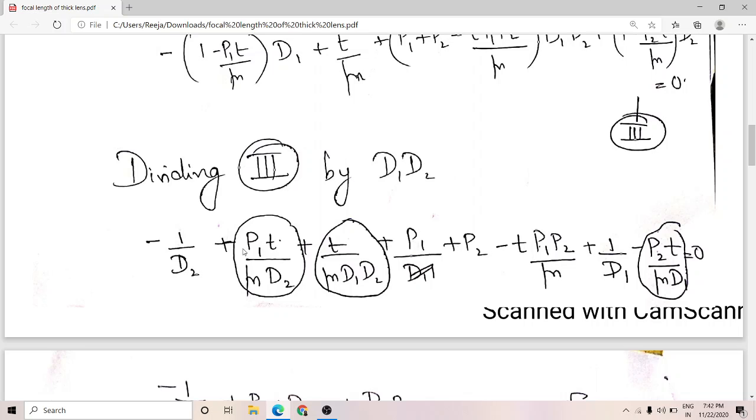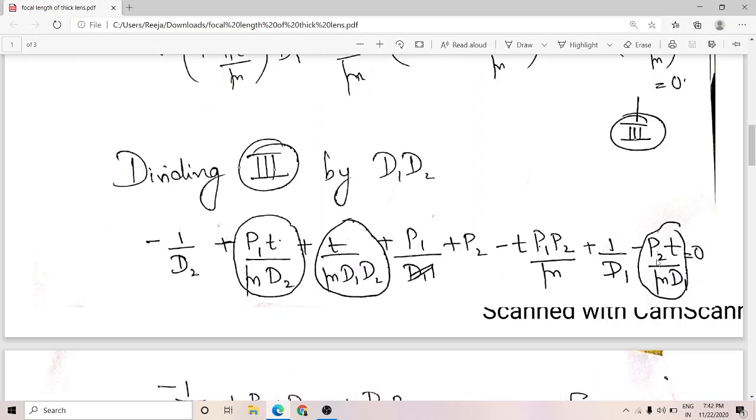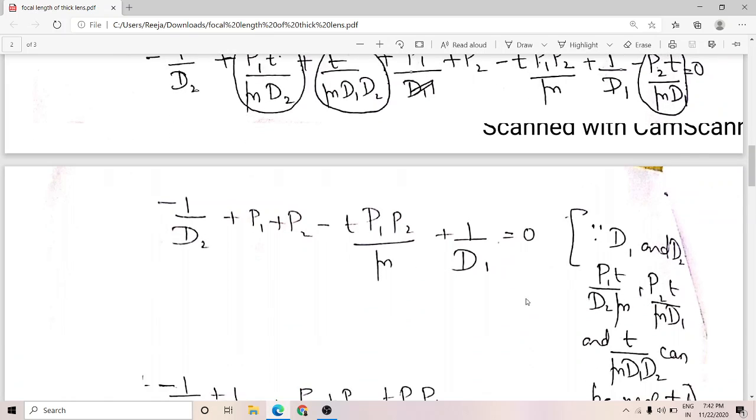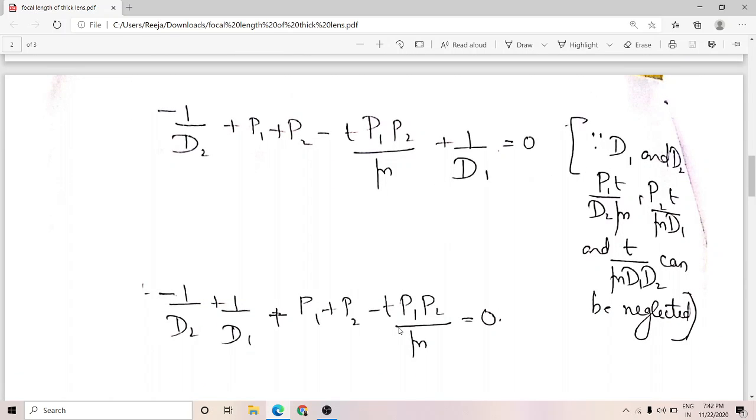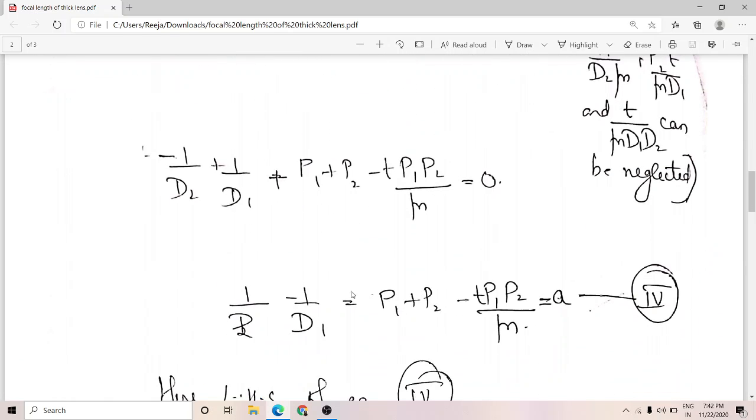These three terms which I have circled can be neglected. Now considering the remaining terms, you get minus 1 by d2 plus p1 plus p2 minus t p1 p2 by mu plus 1 by d1 equal to 0. From that, I isolate 1 by d2 minus 1 by d1 on one side and write the remaining terms on the other side.